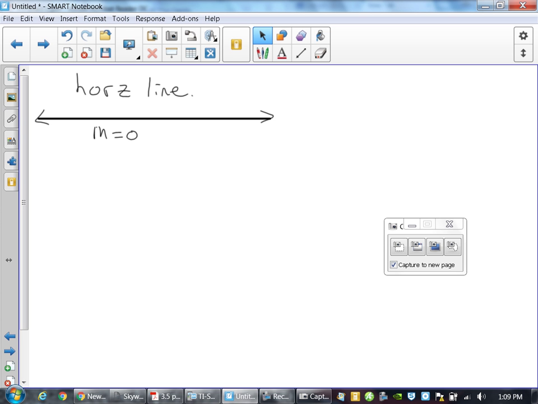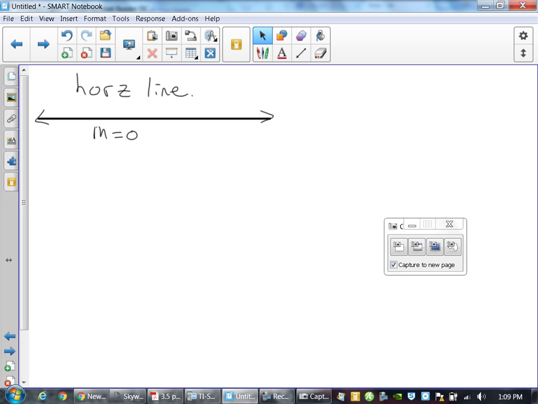Another way to remember the slope of a horizontal line: what's the second letter in the word horizontal? O. It looks a lot like a 0, doesn't it? It's a stupid way to remember it, but it works. So if I ask you what's the slope of a horizontal line, the answer would be 0.